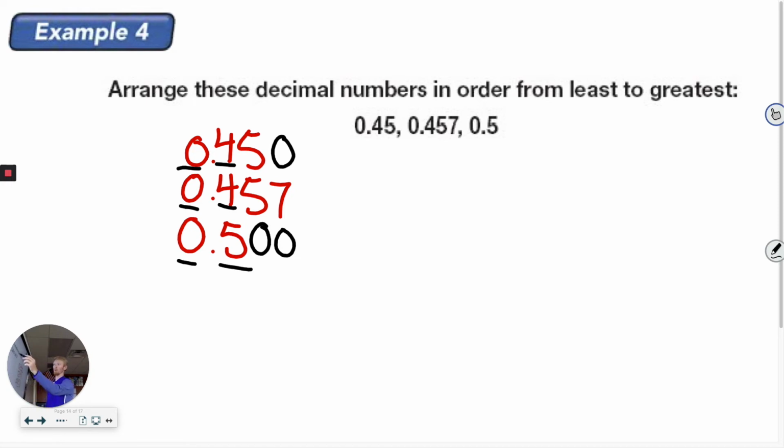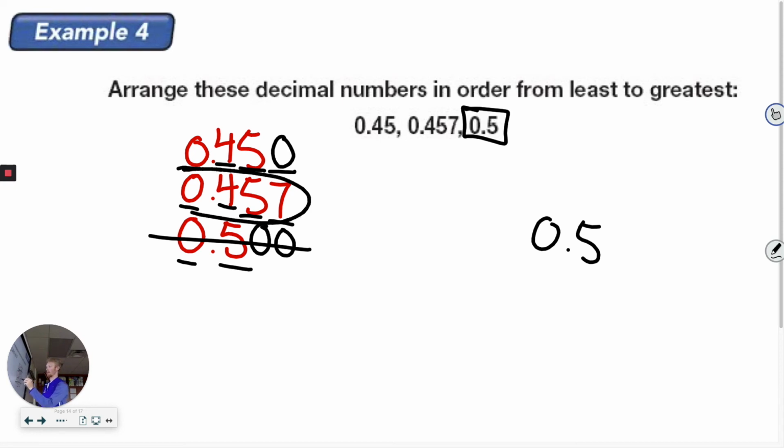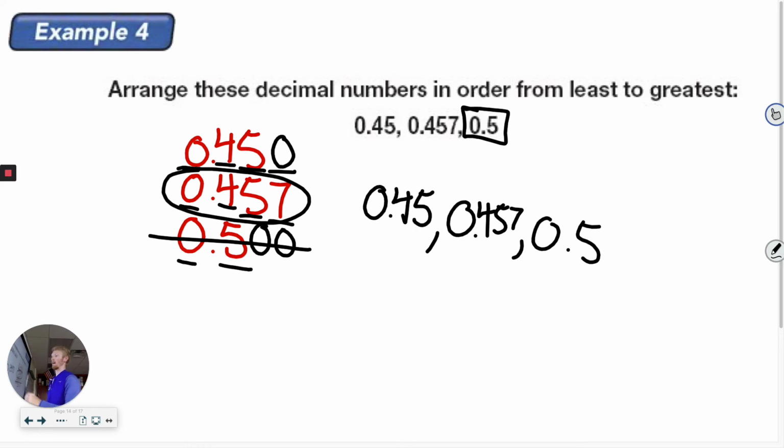So I know that this one is going to be the greatest, and I want to put it in order from least to greatest. So I'm going to put 0.5 at the end. All right, so I know that this one is done. Now I have 5, 5, still equal. Go to the last number, 0 and 7. 7 is greater than 0, so I know that this is my next greatest number, 0.457. And then my lowest number would be 0.45. And that's in order from least to greatest.